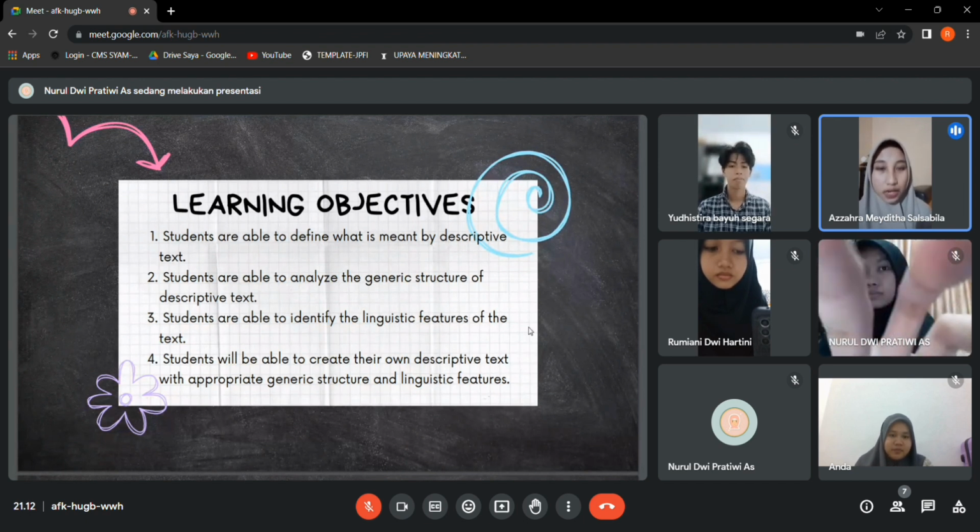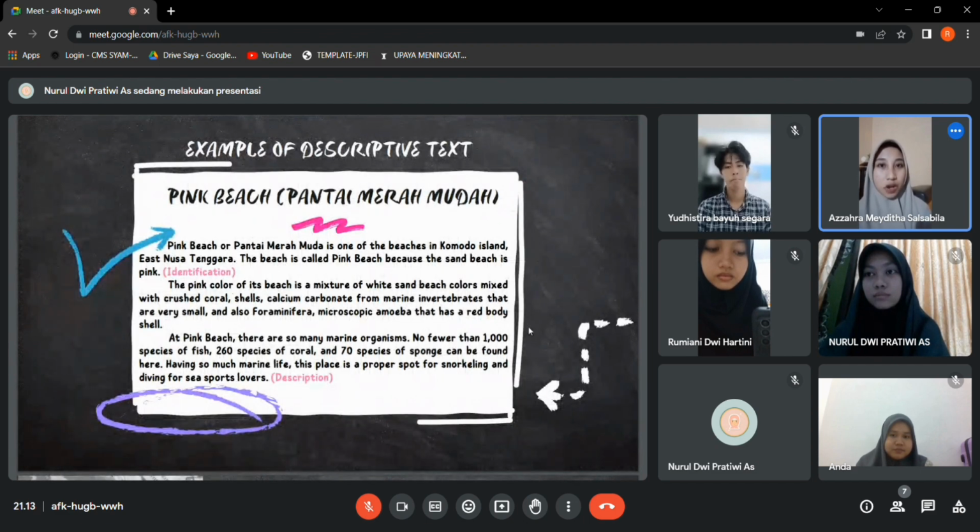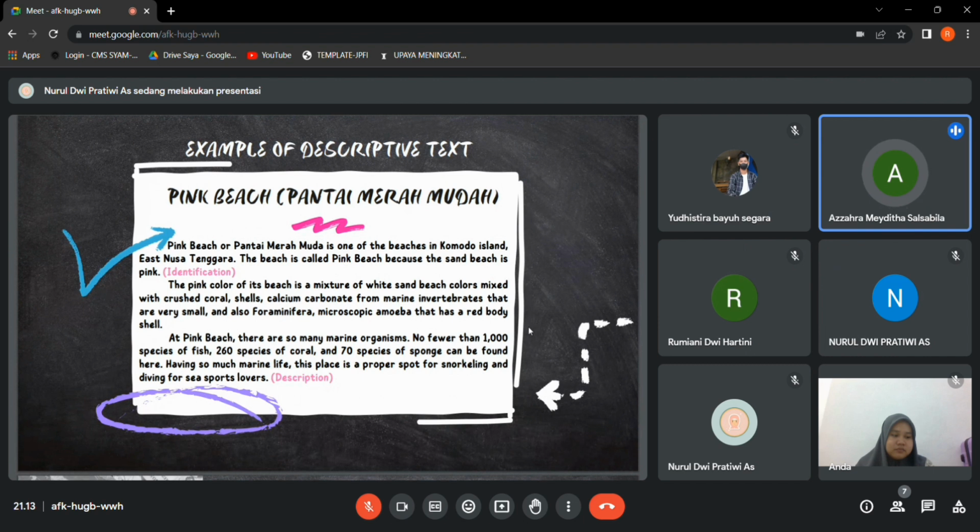And the last, students will be able to create their own descriptive text with appropriate generic structure and linguistic features. So there are 4 learning objectives that I hope you achieve after today's learning. Okay, so now let's move to the example.